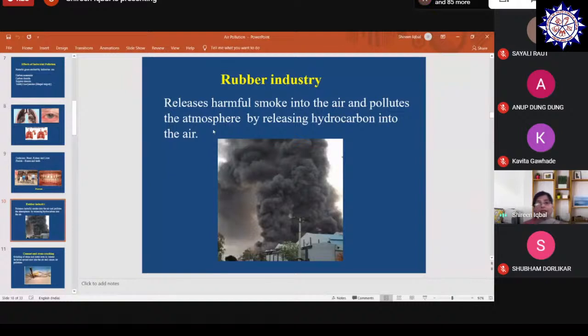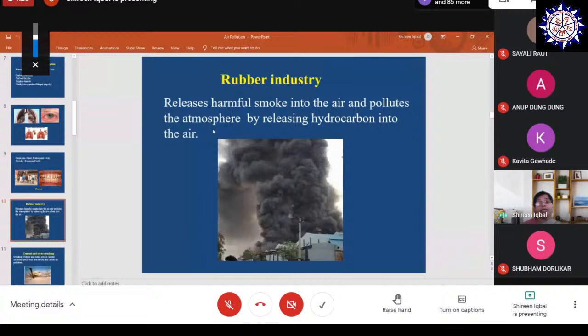The next one, that is the pollution which is caused by the rubber industry. And this is the worst pollution among all the pollution which is caused by the industries.